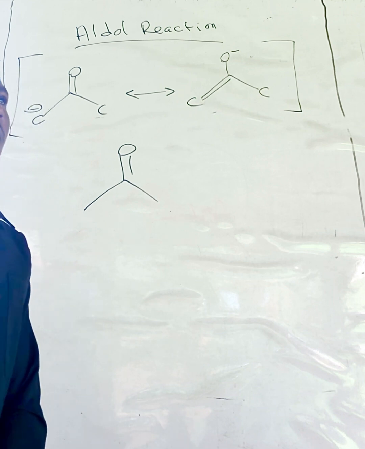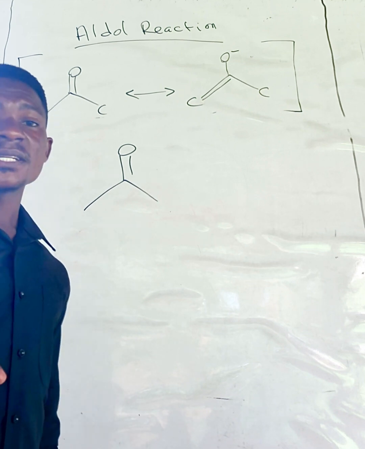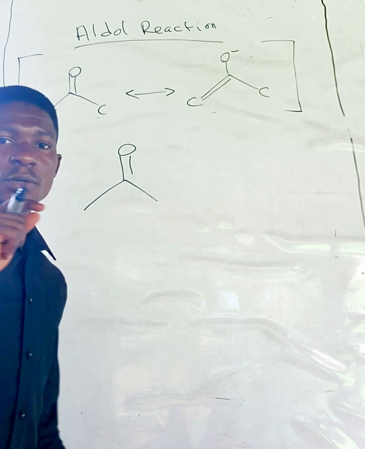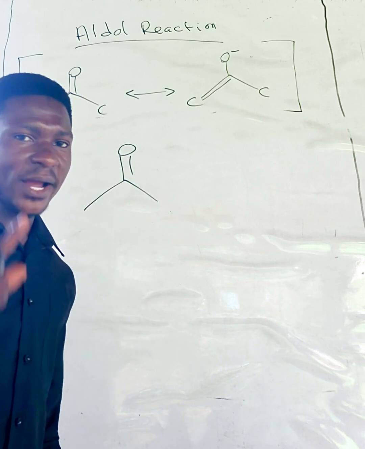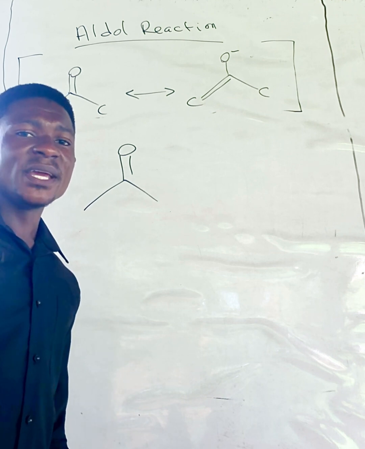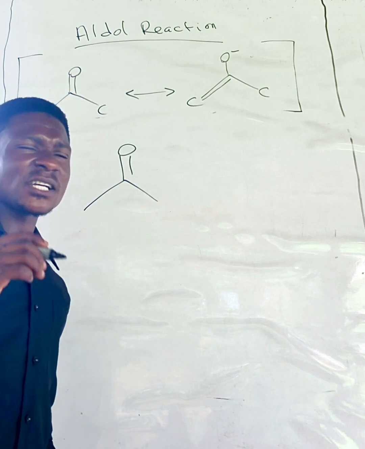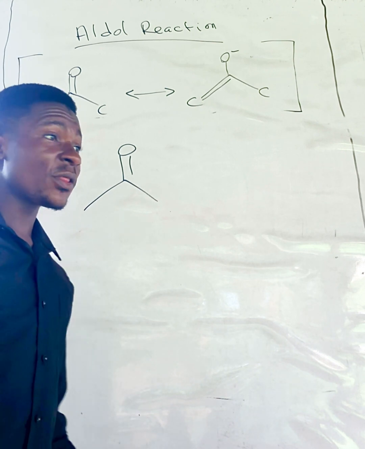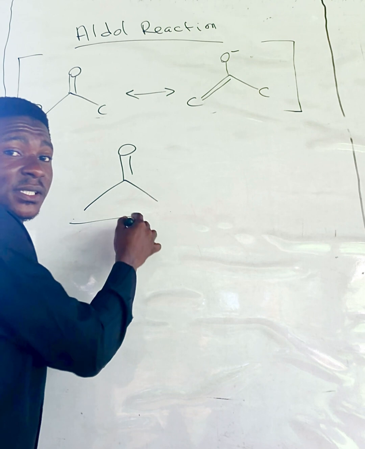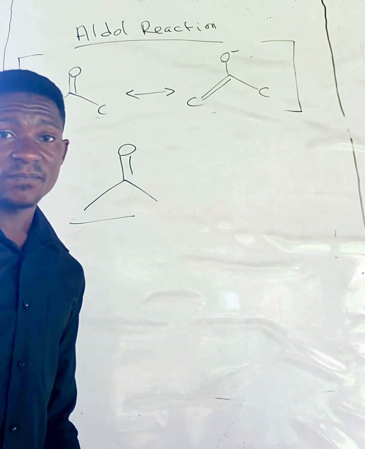Now we are using a weak base because when the deprotonation process is occurring, when the formation of carbanion is occurring, we want a weak base so that it does not end up deprotonating all the ketones present in the system.